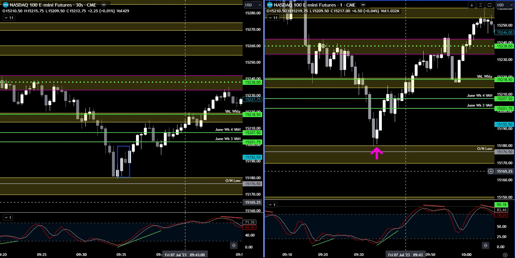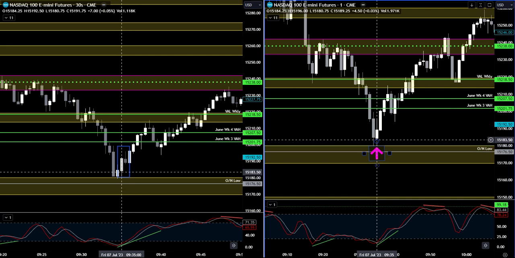Because when NQ has had a real strong momentum candle, I call it a resting period. It always comes back to rest. Most times it does, unless of course there's economic news and it's just a fireball up the ladder. But most of the time in normal price action, you have a strong candle, it comes back down to rest, and then we move forward with the move.